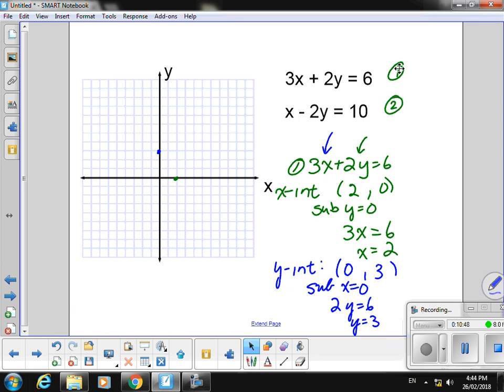There is my first line, 3x plus 2y equals 6. For the second line, I am also going to find my x and y intercepts.